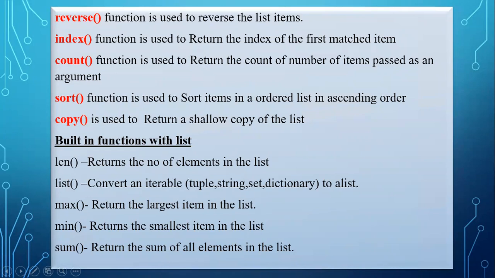How we used the int function, float function, complex function and all, in the same manner for a list also a typecasting function is there. Max, min, sum functions, how to use all those things also, yesterday's examples I showed you. Okay. Now we will see examples with these methods: reverse, index, count, sort and copy.